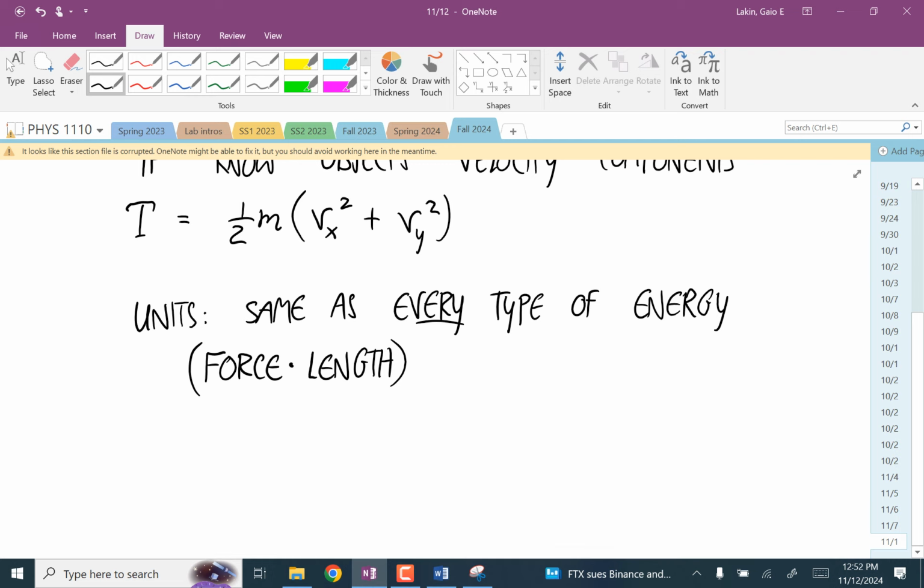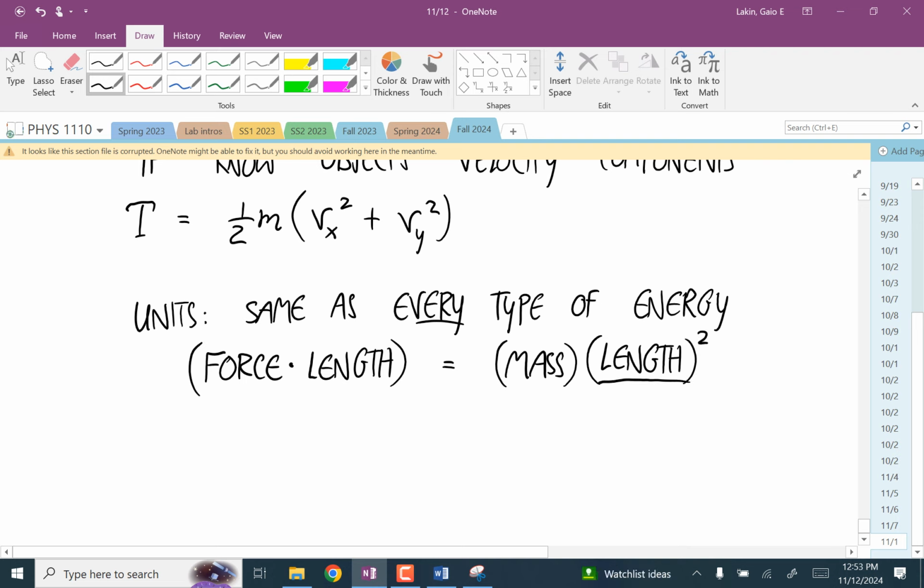But you can, with exactly the same meaning, calculate this as units of mass times length squared divided by units of time squared. Those don't look the same, but they mean the same thing.